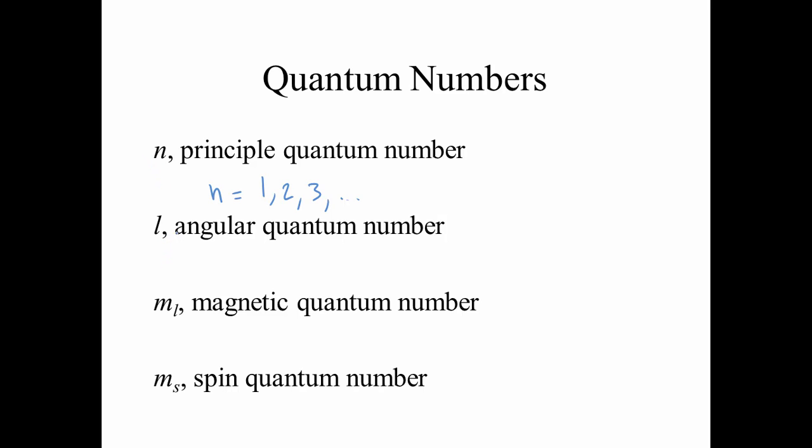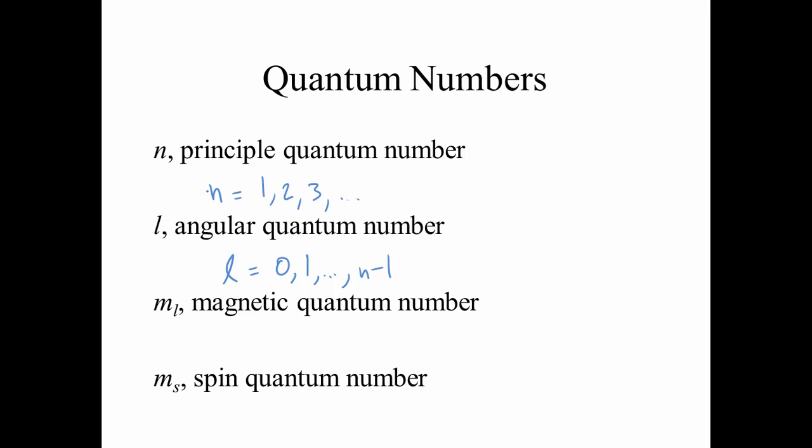L is the symbol for the angular quantum number, and this we use to talk about the subshell, and it can have values that range from 0 on up to n minus 1.